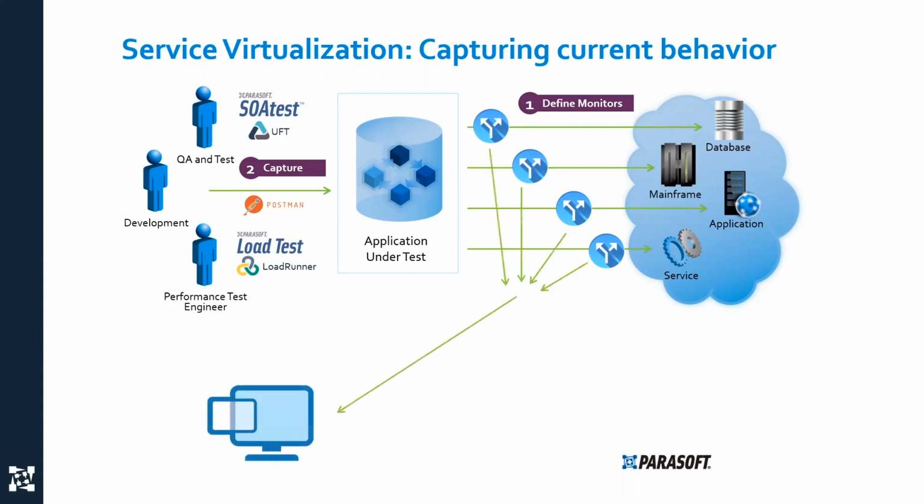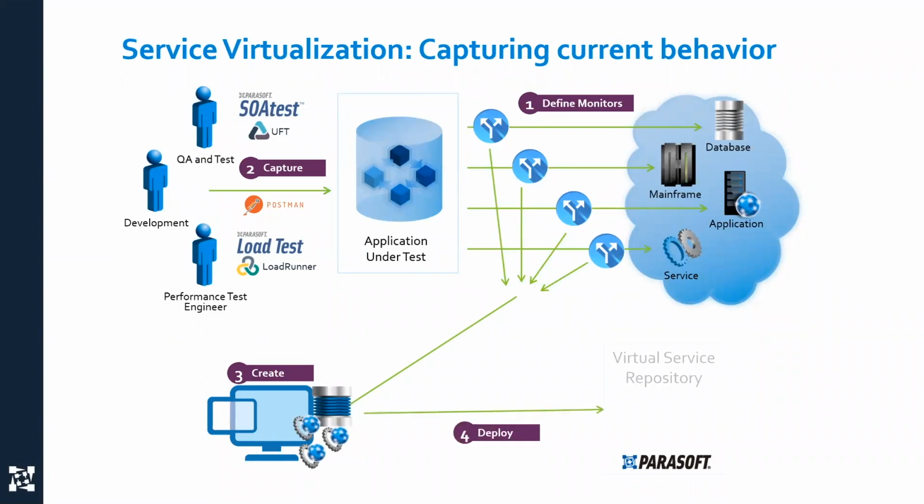That information, transaction and data, can be delivered to our service virtualization engine, which will allow us to create simulated virtual services and their associated test data. Those virtual services can then be deployed into a centralized virtual service repository that will allow us to consume them anytime, anywhere.